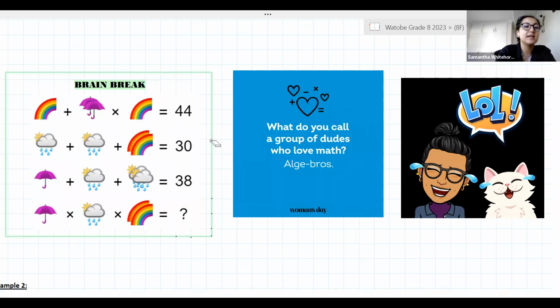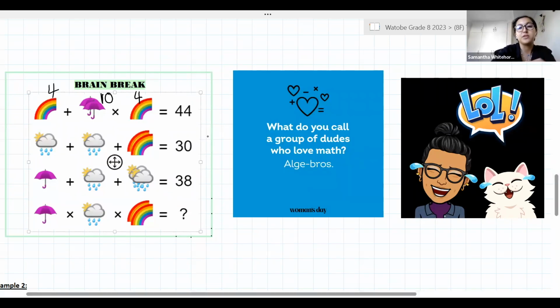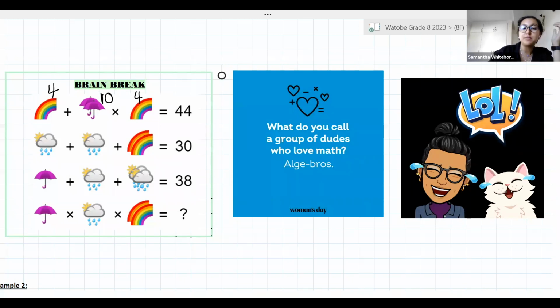If I say 10 times 4, I get 40. And then if I take the value of the rainbow, so 4, and I say 40 plus 4, I'm going to get 44. So the two rainbows had to be the same value because they were the same picture. And so those two rainbows are both 4. The two umbrellas are 10.